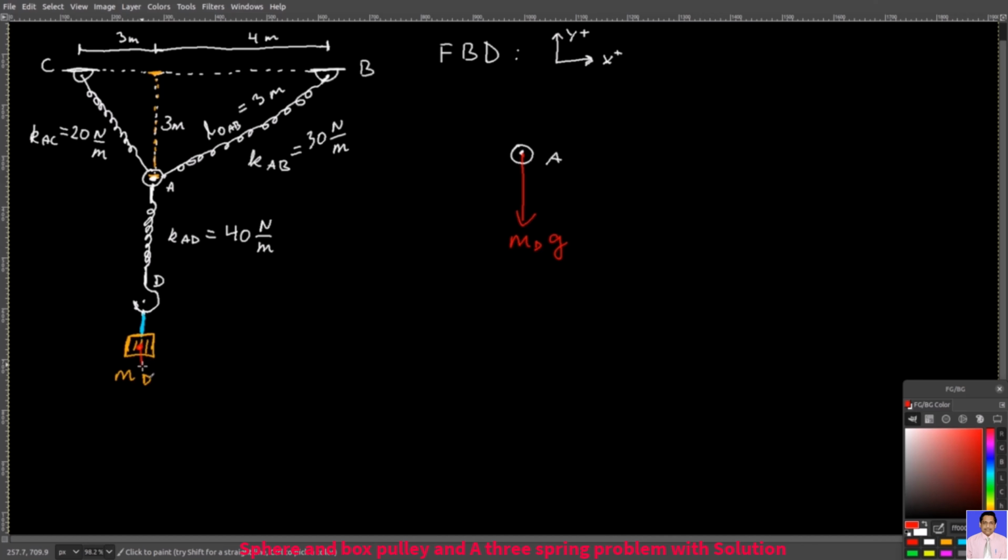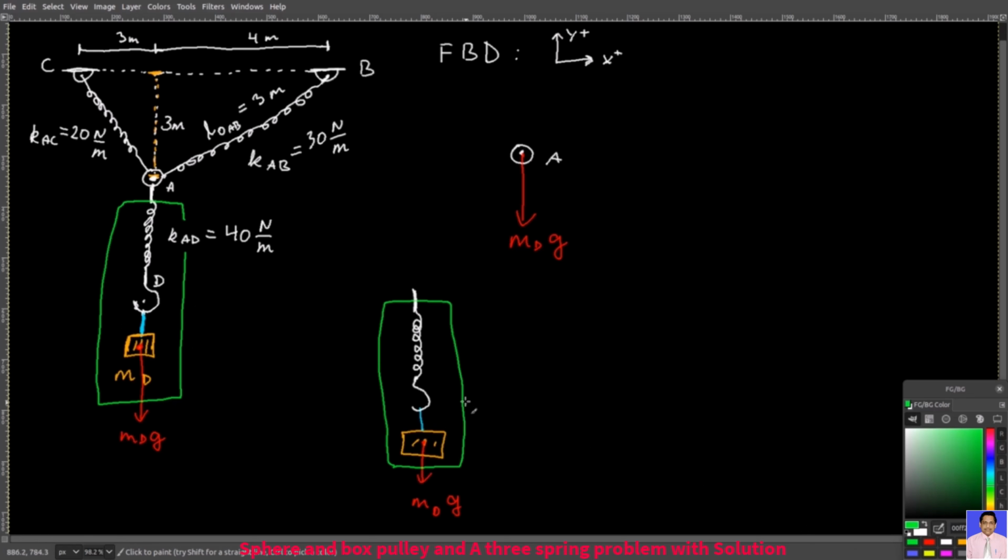Since this entire thing is not accelerating anywhere, and I only have one spring here, this force also needs to be md times g, which means that point A has the same force but in the opposite direction.